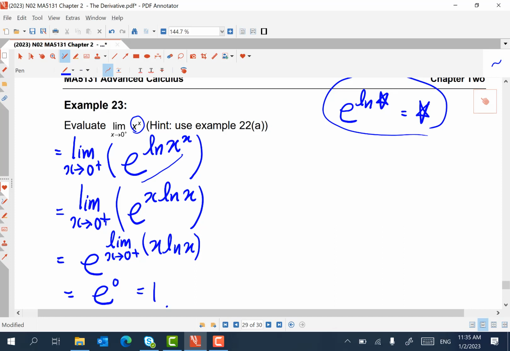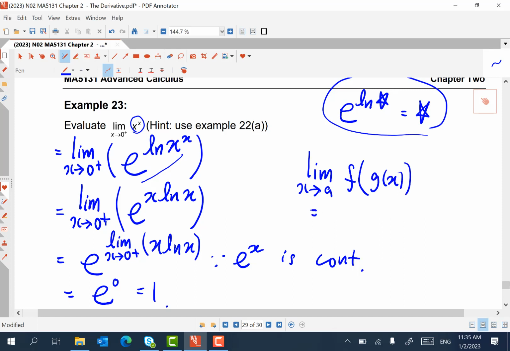You can move that, since e to the power x is continuous. Do you remember the limit as x goes towards a, if the function f is continuous?